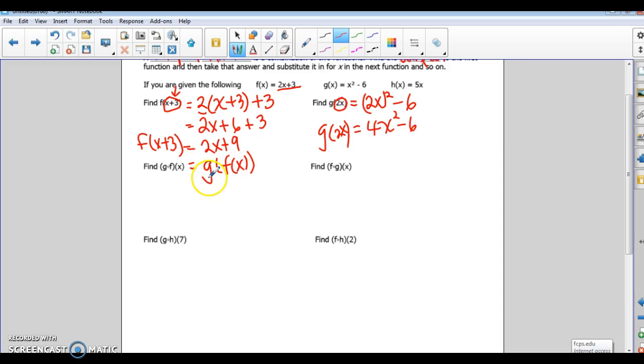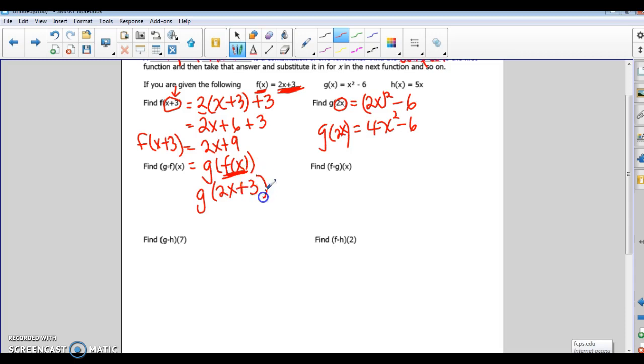We can't have two letters like this, so we need to replace one of them with the expression. What do we know about f of x? Do we know that f of x is the same as 2x plus 3? So instead of f of x, can I substitute 2x plus 3? So g of 2x plus 3.